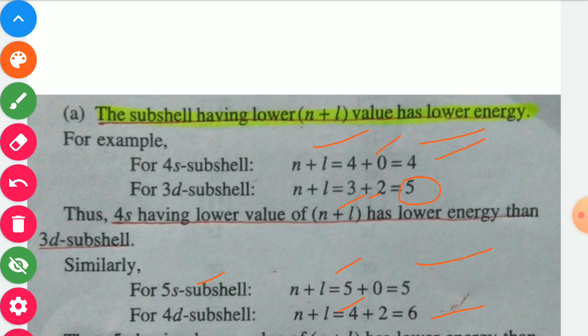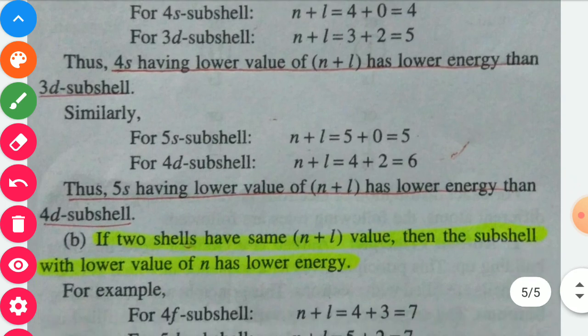So electron will enter the subshell which has the lower n plus l value. So electron will enter 5s first and then the 4d. Therefore, finally we may say 5s, having lower value, has lower energy than 4d.